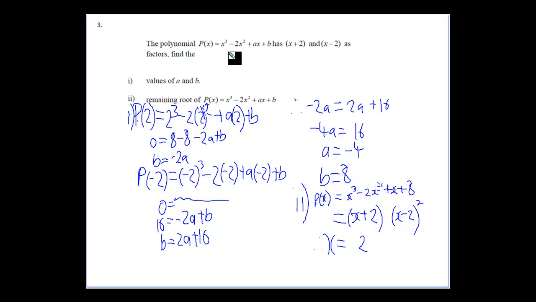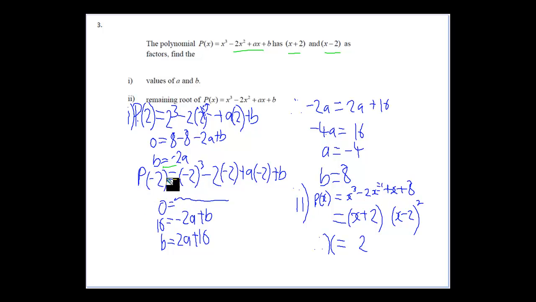In this one here, we've got a polynomial with x plus 2 and x minus 2 as factors. So again, we set up our equations, because p of 2 would equal 0. We substitute 2, set it equal to 0, and we're able to find that b would equal minus 2a, an equation of b in terms of a.